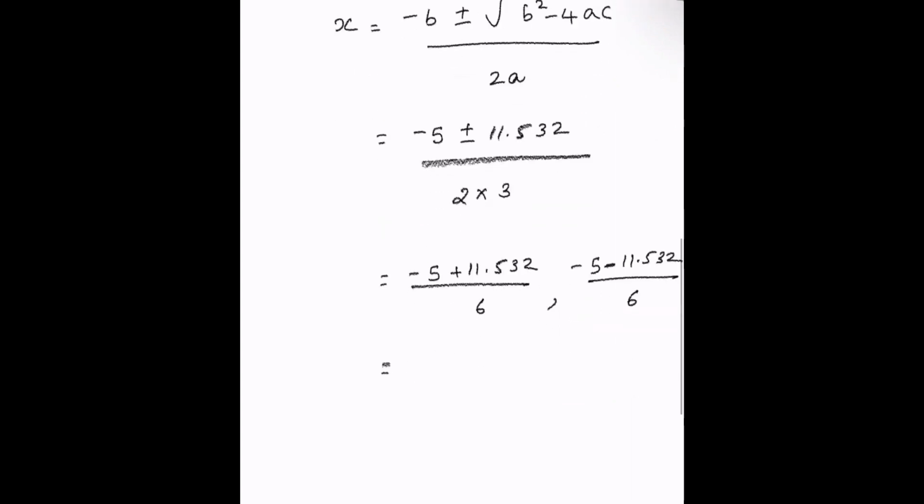So when you add this, 11.532 minus 5 gives me 6.532 divided by 6. Whereas here it's going to be minus 16.532 divided by 6.